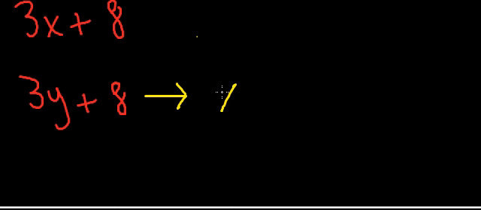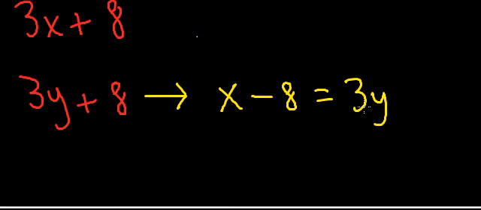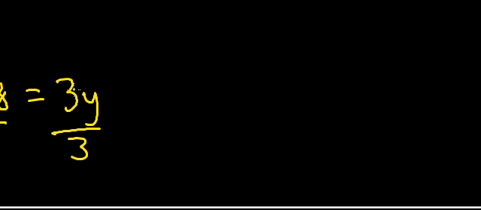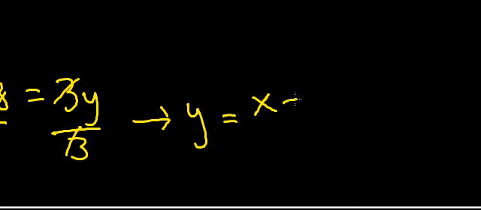Simple algebra, so deduct 8 from each side, so this is gone, and then divide each side by 3. So y is x minus 8 over 3. Right, so now we have the inverse function.